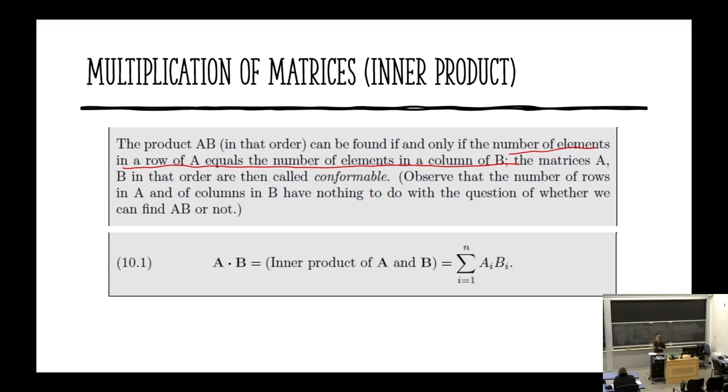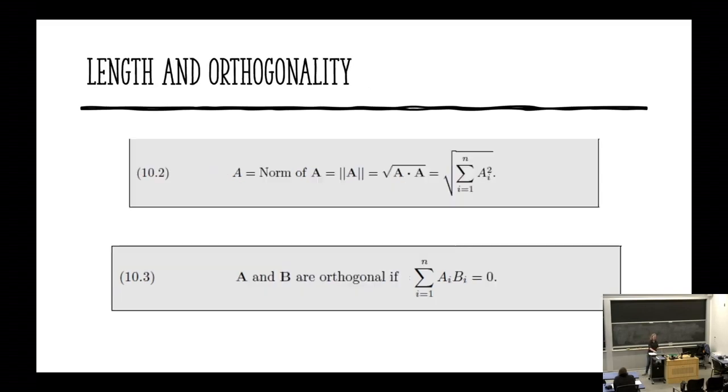All right, so now that we know something about multiplying matrices, we can look at two other useful properties of matrices: their length, and how to determine whether two matrices are orthogonal. So the length of a vector in n dimensions, we also call the norm.